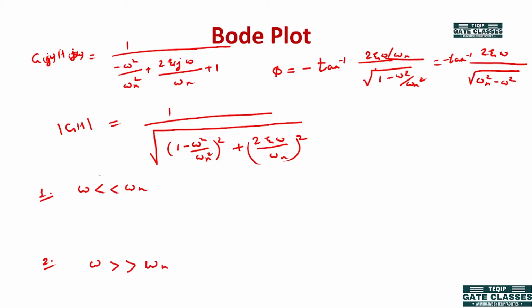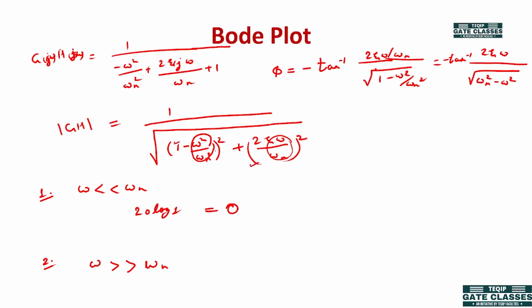So when omega is very much less than omega n, these terms can be neglected. Okay, so our magnitude becomes 20 log 1. Again this becomes 0 dB for very low frequencies.